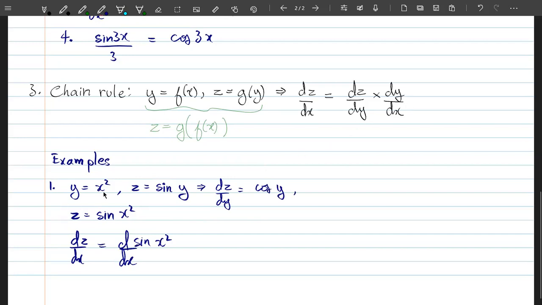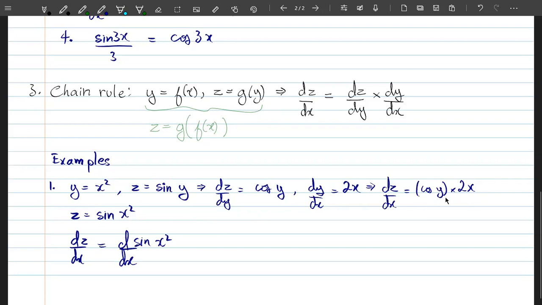So that is 2x. And then multiply them together. So dz upon dy, that is cos y, multiplied by dy upon dx, which is 2x. Okay, so this is the answer.